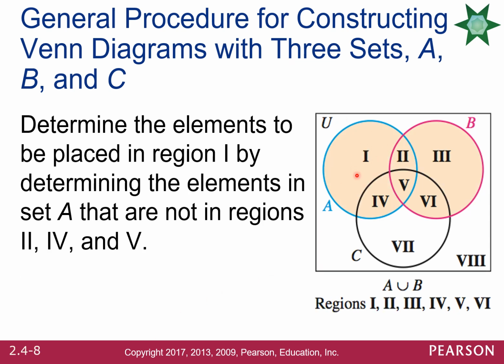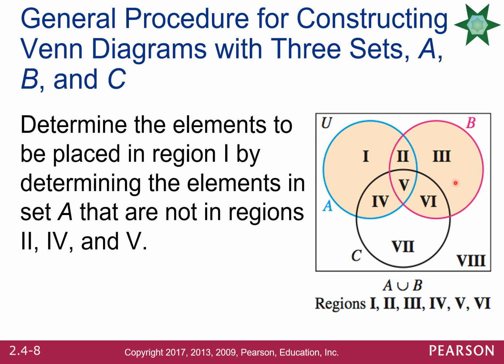Now let's look at region 1 and 3 together. In region 1, we are going to include all elements that are unique to set A only. So there's no commonality. The elements that are not common with any of the other sets but are unique to set A go in region 1.